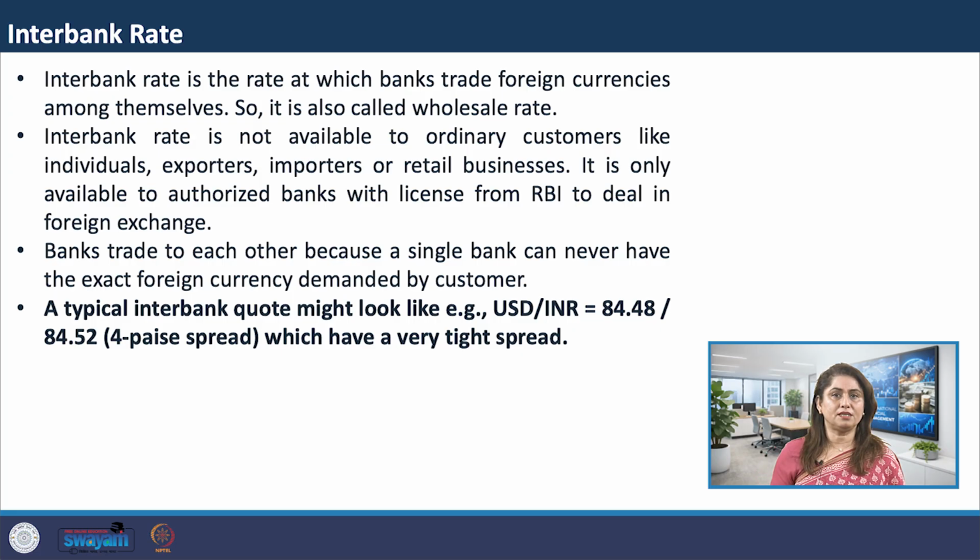This is approximately 0.05%, which is incredibly tight. Why so tight? Because banks are dealing in enormous volumes, millions of dollars per transaction, and the counterparties are sophisticated professionals with real-time access to global price information.